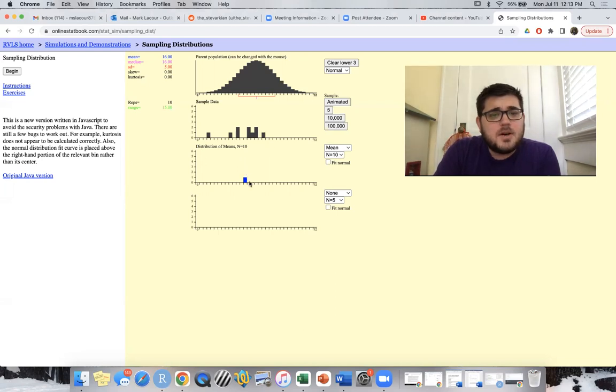This looks to be about 14 or so. So if this is all we had, because you never look directly at the parent population distribution, you can only see your sample, and our sample says the mean, this is our one sample mean right here, ends up underestimating the population mean. Let's say I draw another sample.